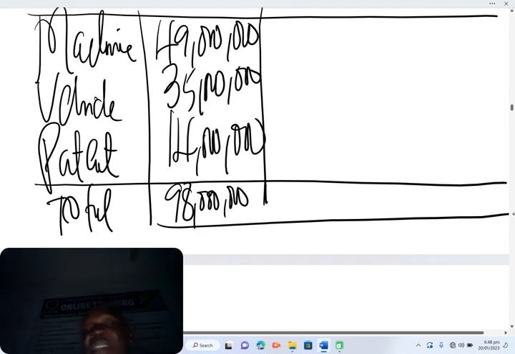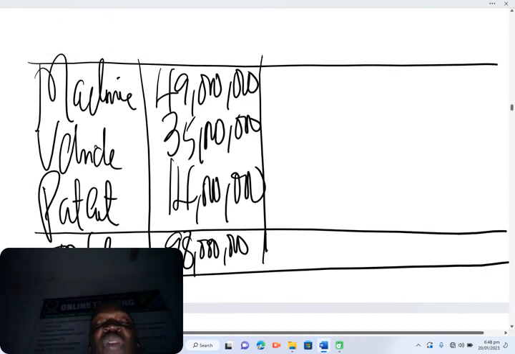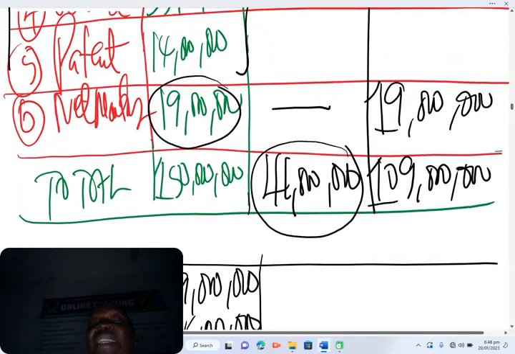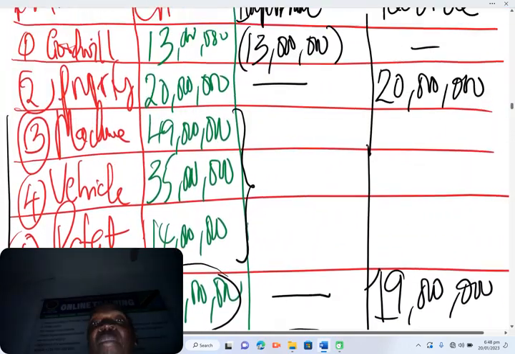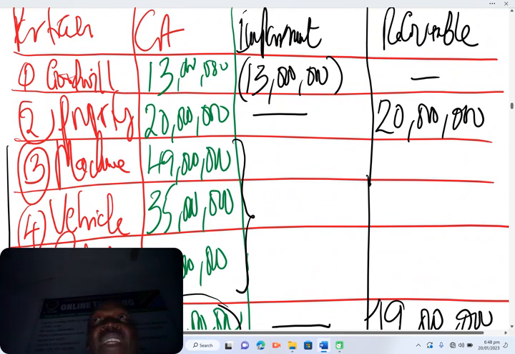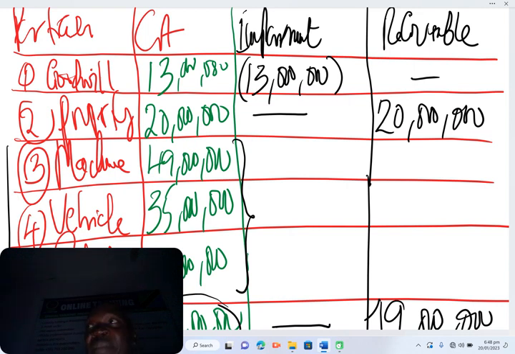Next, you go to impairment. The total impairment is 41 million, isn't it? But 13 million has gone from goodwill. What's the rest? So you take 41 million minus 13.